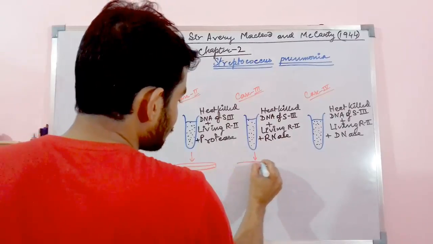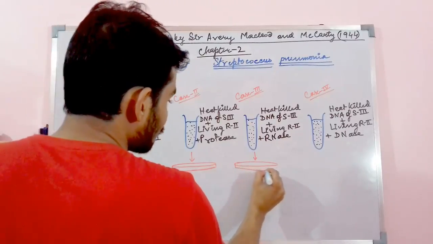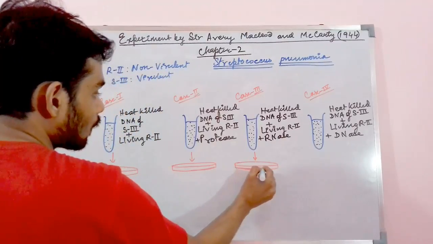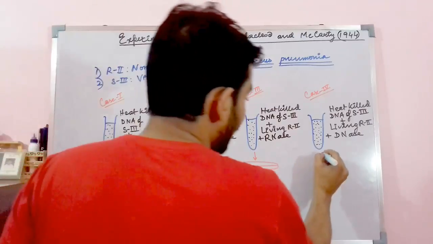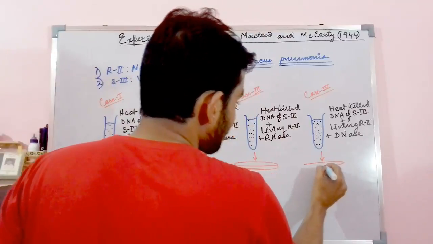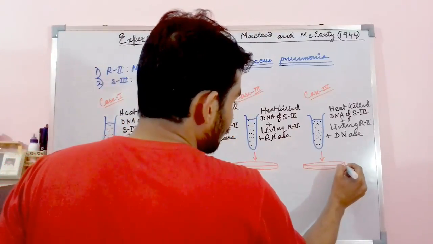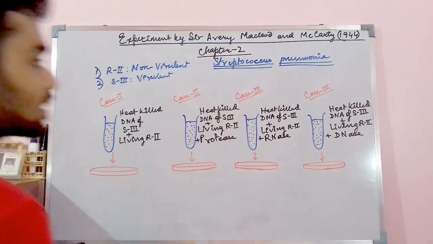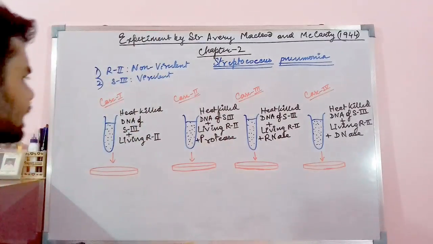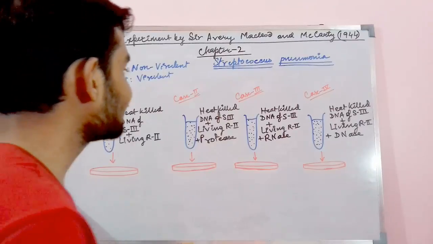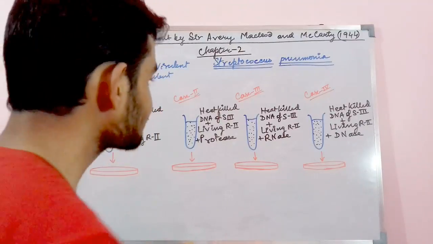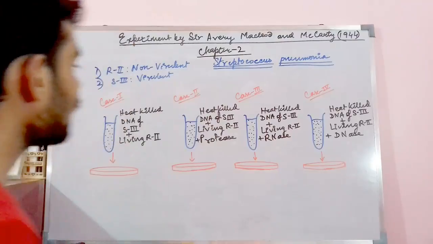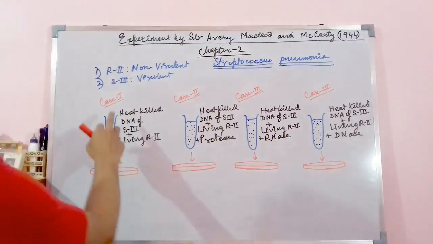In all these setups, when they transferred this culture to the Petri plate, the heat killed DNA of S3 plus the living R2 type, the heat killed DNA of S3 plus living R2 type plus protease, the heat killed DNA of S3 plus living R2 type plus RNase, and the heat killed DNA of the S3 type plus living R2 type plus DNase.